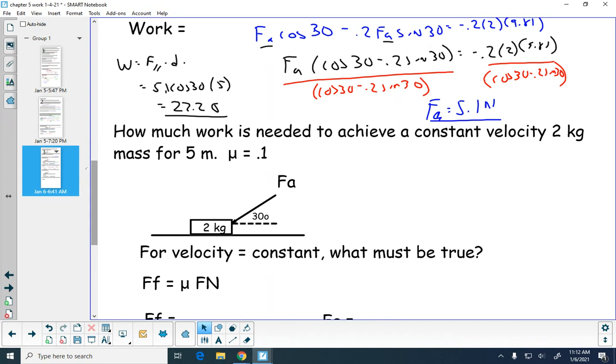I may post a couple work problems for you to do, just to get you in the idea of how to calculate work problems. I'll keep them a little bit simpler than what we just did. Just be prepared that you may see something within the next couple of days, to work on for Monday, over the idea of work, just to reinforce what we talked about previously with respect to how to calculate the work.